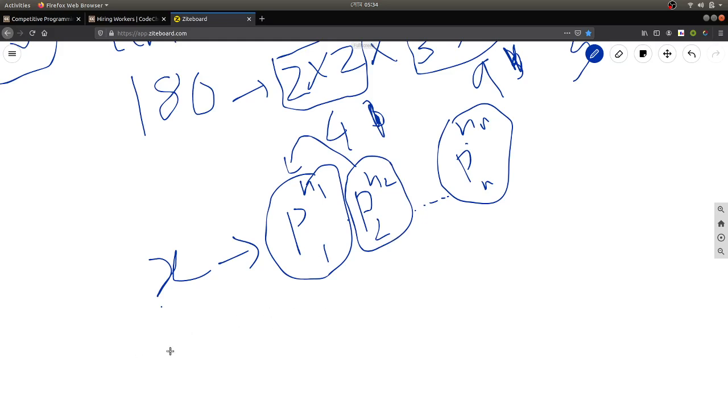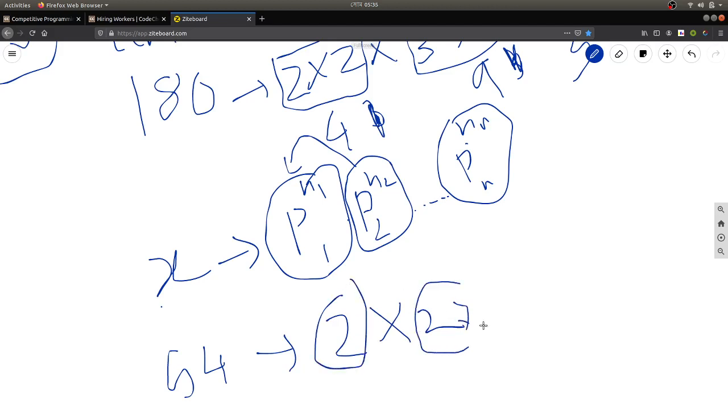So if we are given, suppose, 54, then 2 into 27. We take these two numbers separately. Now their LCM is 54.